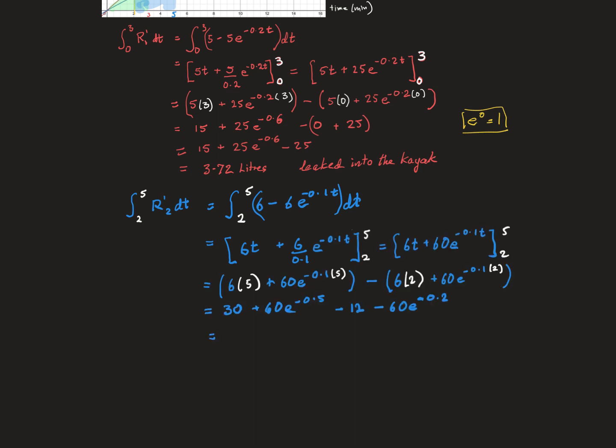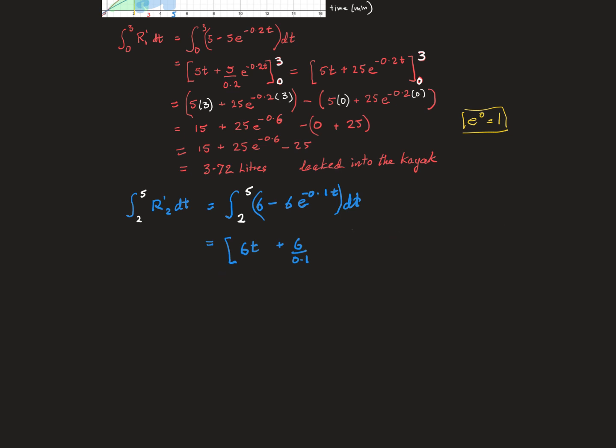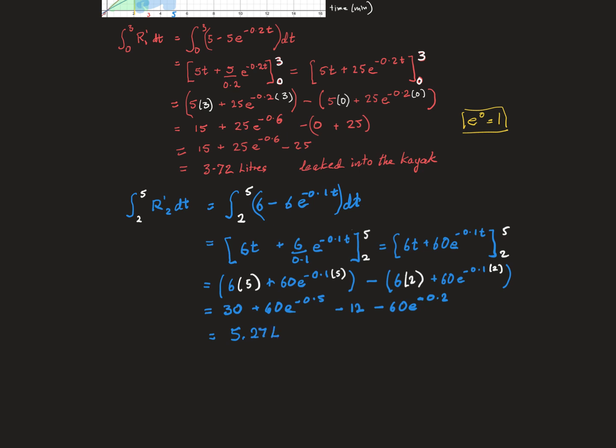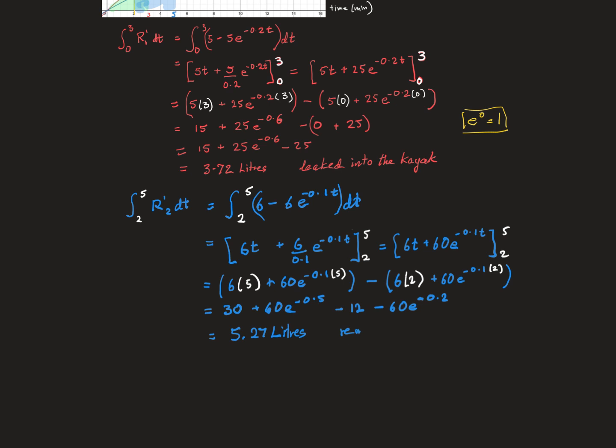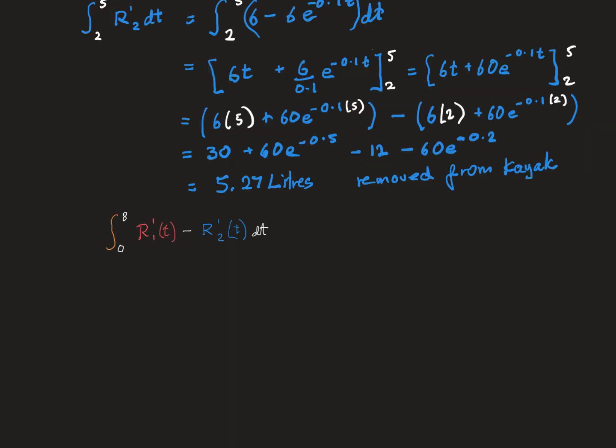Plug it into the calculator and we should get 5.27 liters, which has been removed or bailed out from the kayak between 2 minutes and 5 minutes. And so a third question has been posed for us, and we need to interpret this particular equation.